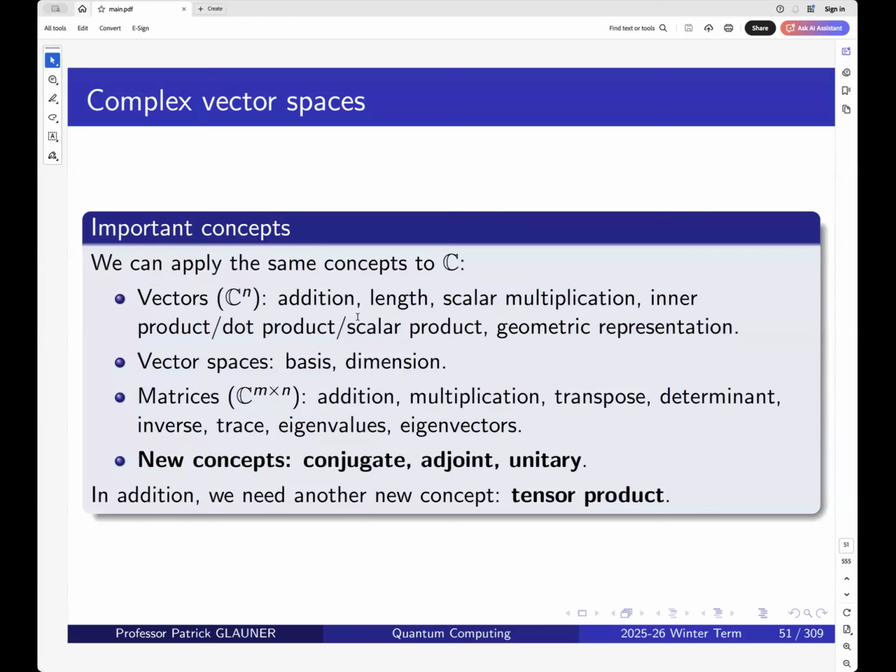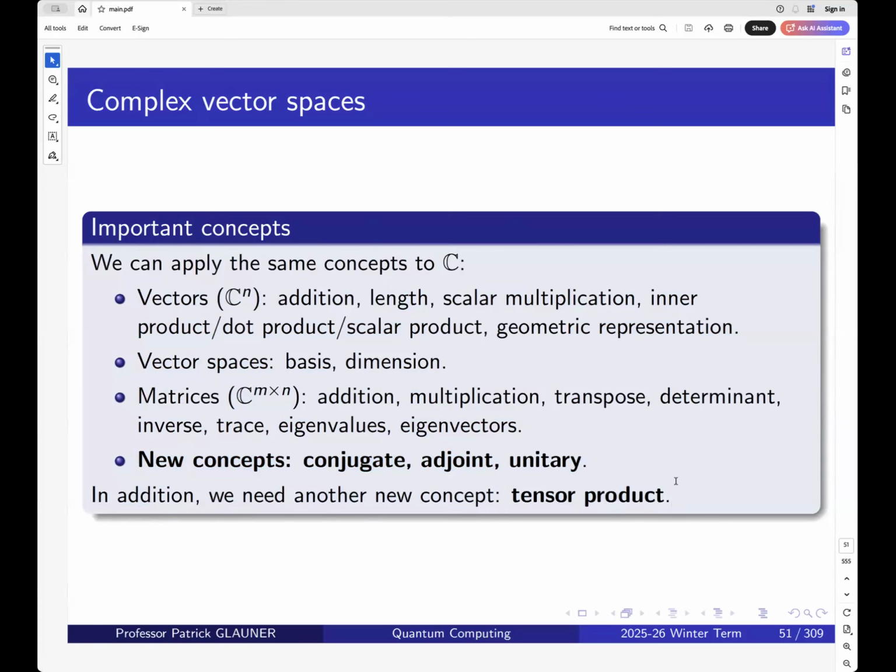And then once we have done these examples, it will turn out there are also some new concepts. Because when I put complex numbers in my matrices, there are new concepts like the conjugate matrix, the adjoint matrix, and unitary matrices.